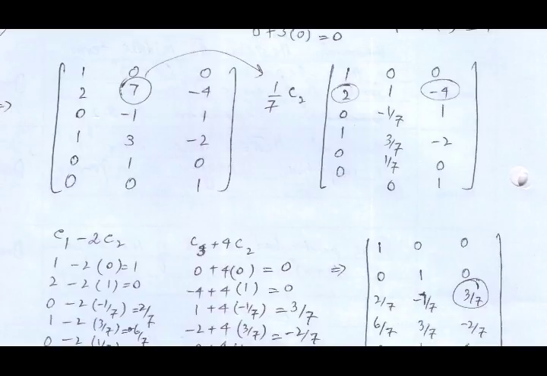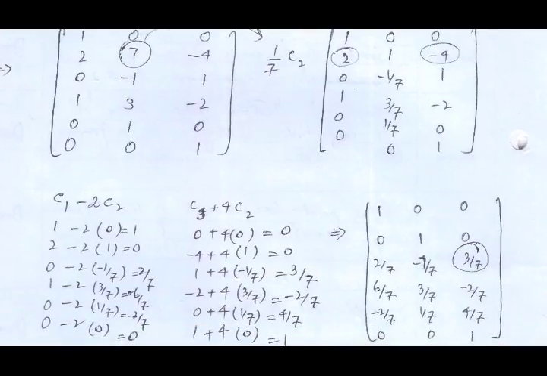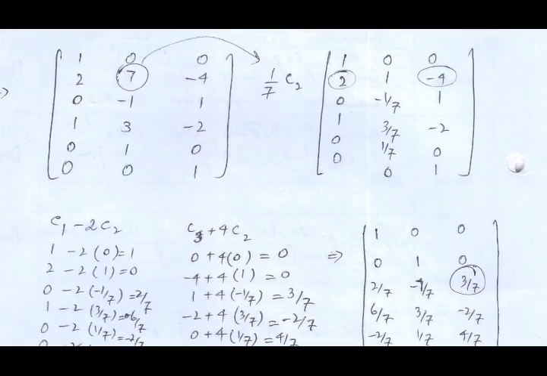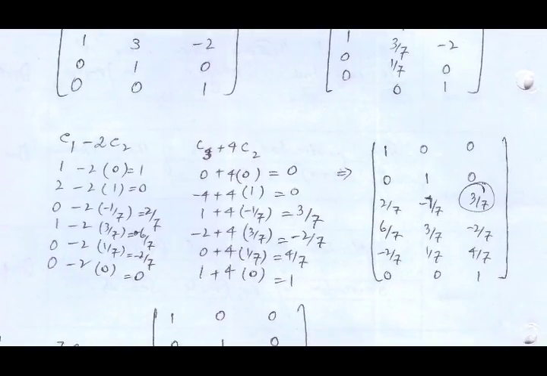For 2 we write C1 minus 2 C2, and for -4 we write C3 plus 4 C2, and then we put the values and get the answer, and our second row is also complete in the form of identity.